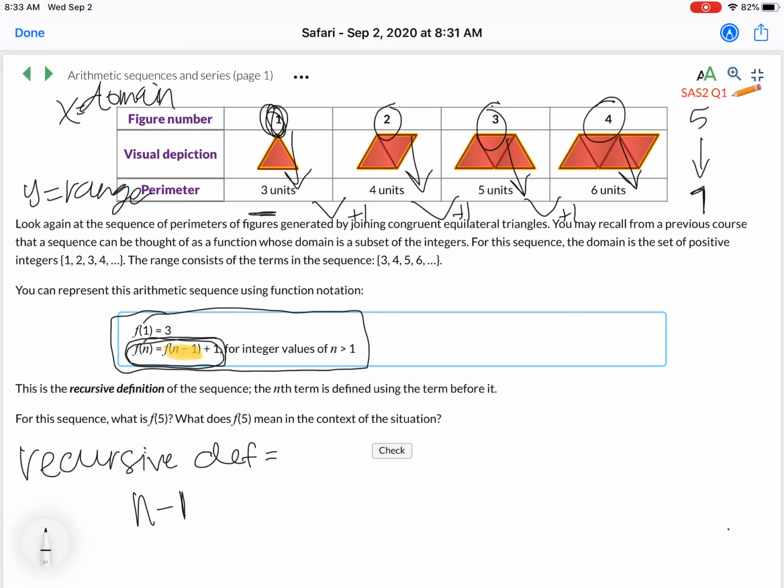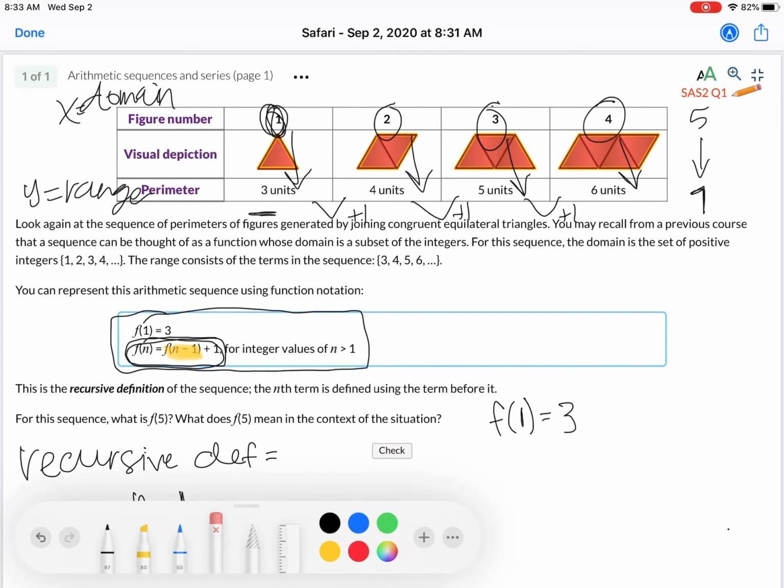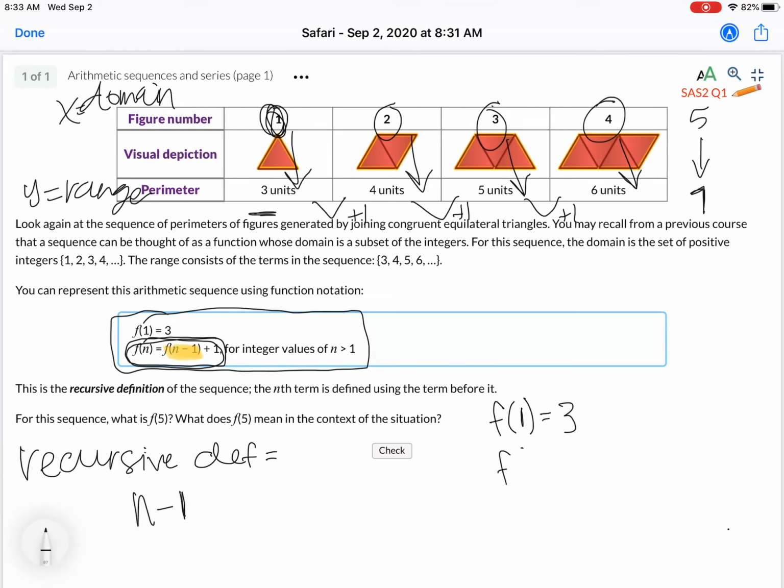I'm looking for f of 5, so I'm going to work this out over here. First, f of 1 equals 3. We're given that. I want to find f of 5. Here's our equation: f of n equals f of n minus 1 plus 1.